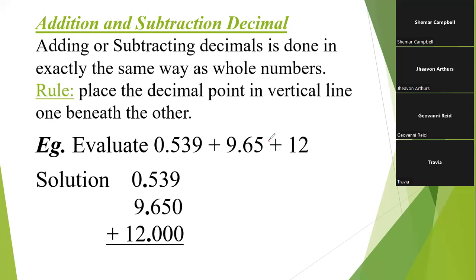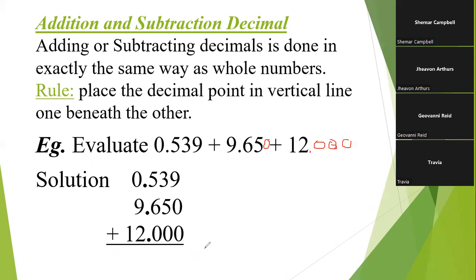So here we would add a 0, which is a 0 that was added. And for the whole number, we put a point, so the decimal part that comes after would have 3 zeros for the place values. And then once we line them up with points under points, the point must be in a vertical column, one beneath the other.